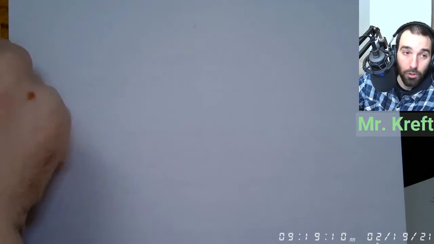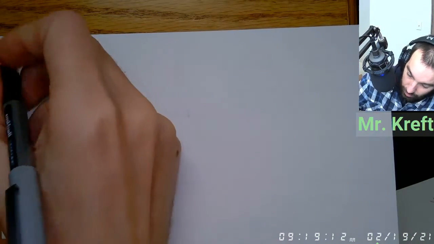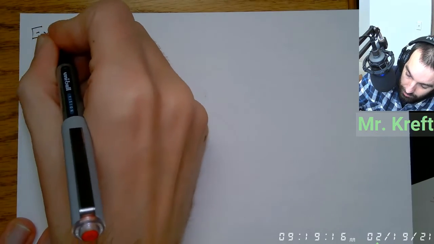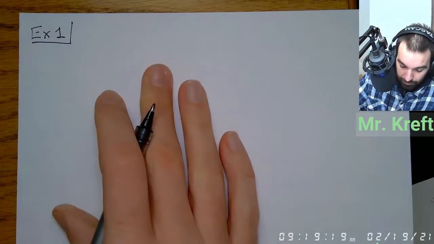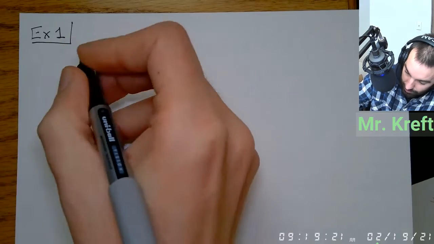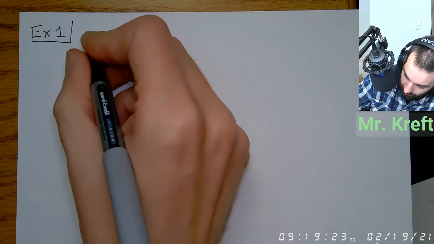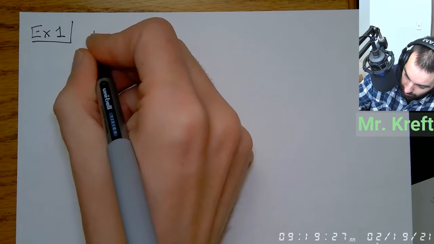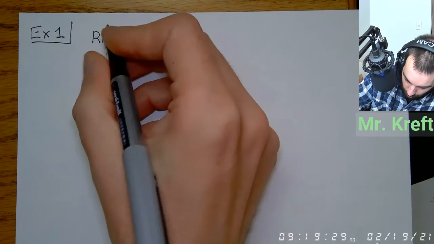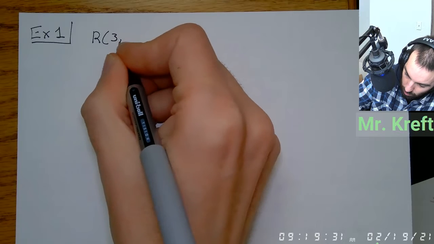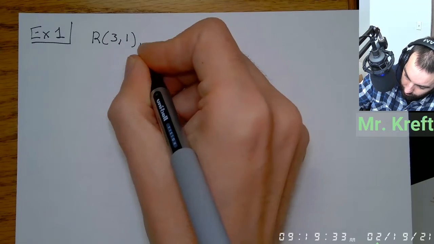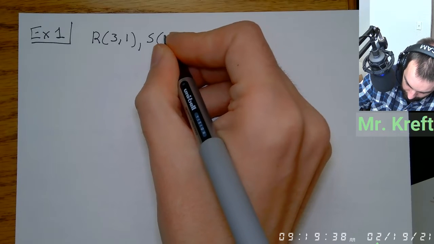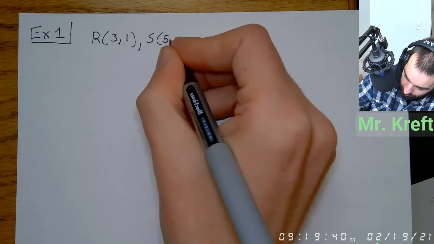So the first one we're going to do, let's call this Example 1. We're going to have a quadrilateral, so that's 4 points. R is (3, 1). S is (5, 1).